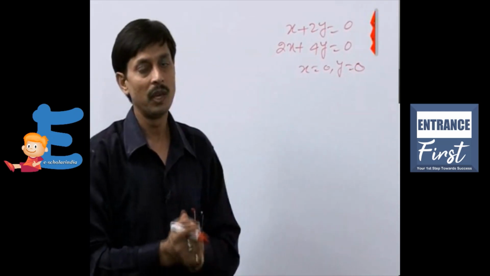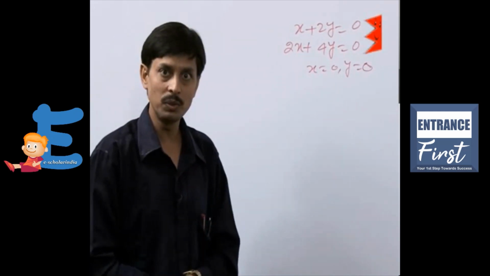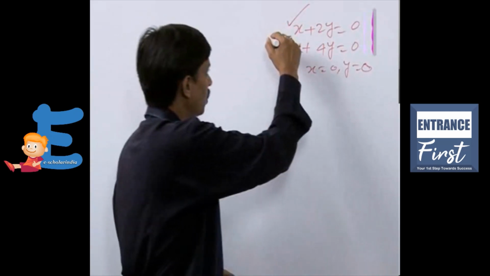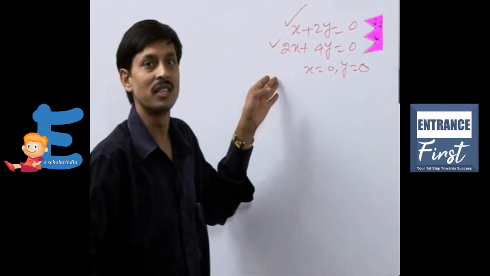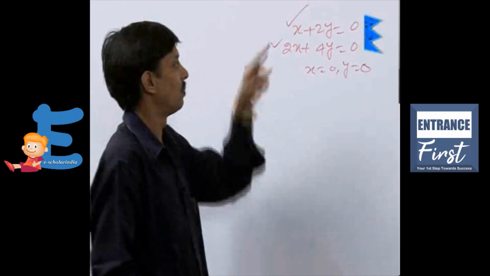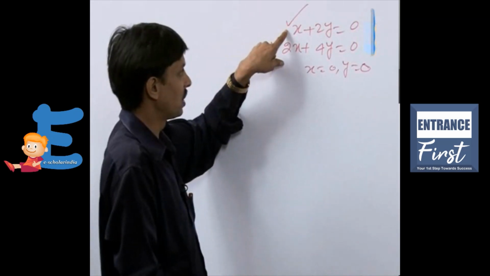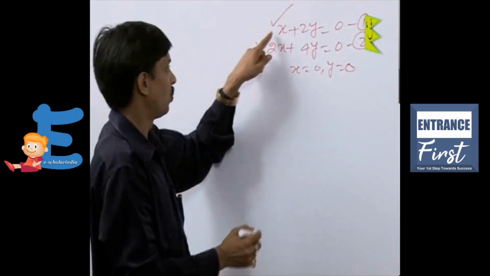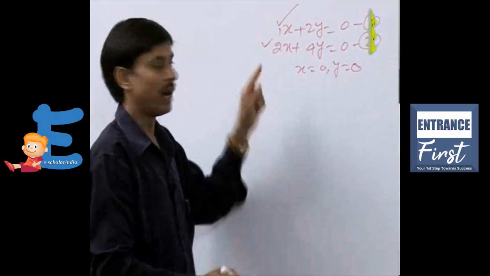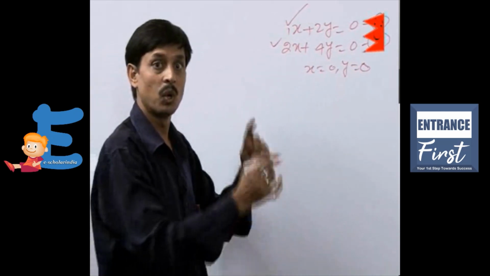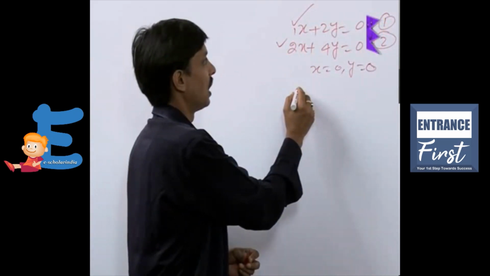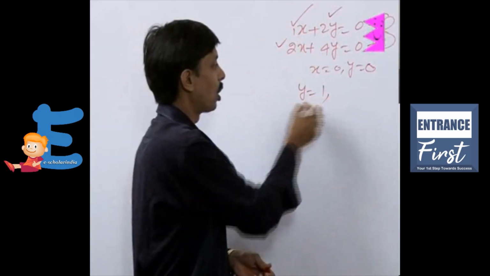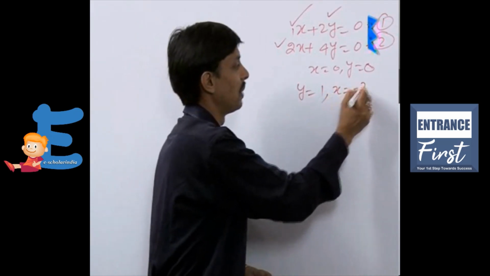Now the question comes, is any other set of solutions possible? Yes. Whatever satisfies this equation will also satisfy this equation, because this is exactly the translated form of the first equation. If I multiply equation number 1 by 2, I will get equation number 2, because it is 1x plus 2y is 0, and here it is 2x plus 4y is 0. So here if I say the answer of y is 1 for the first equation, then automatically the answer of x will be minus 2.